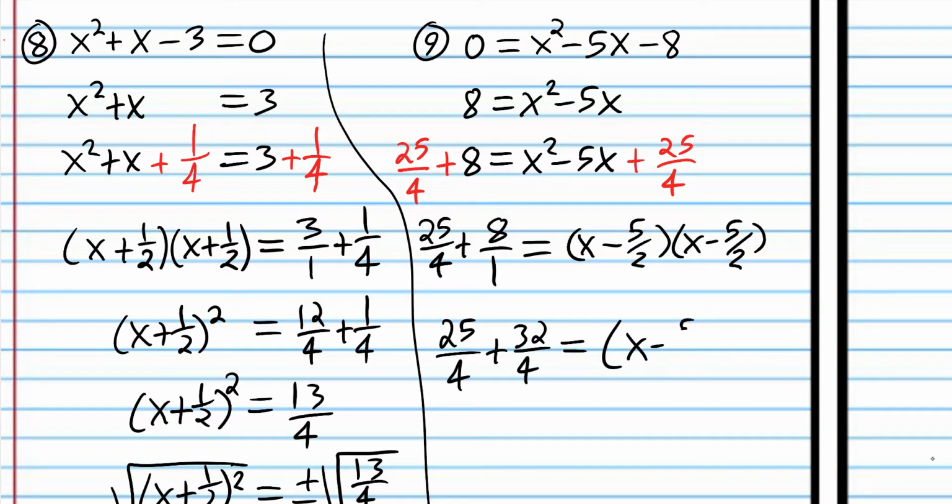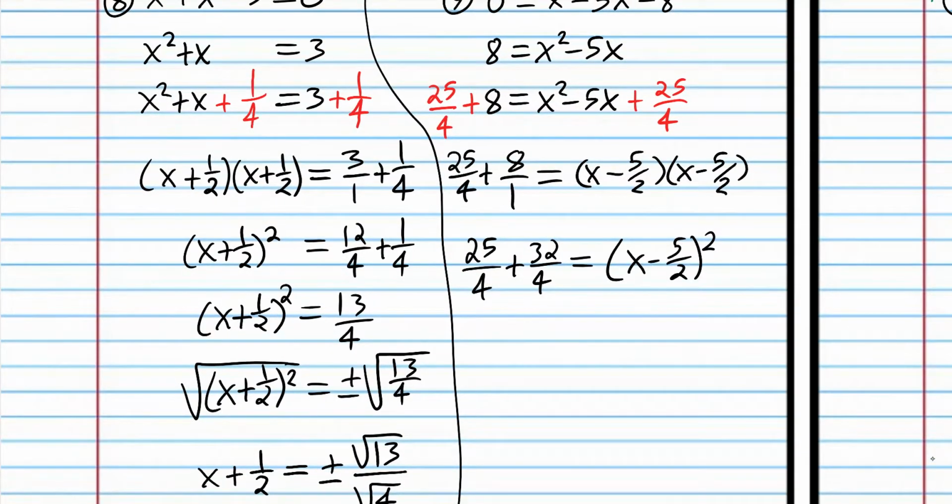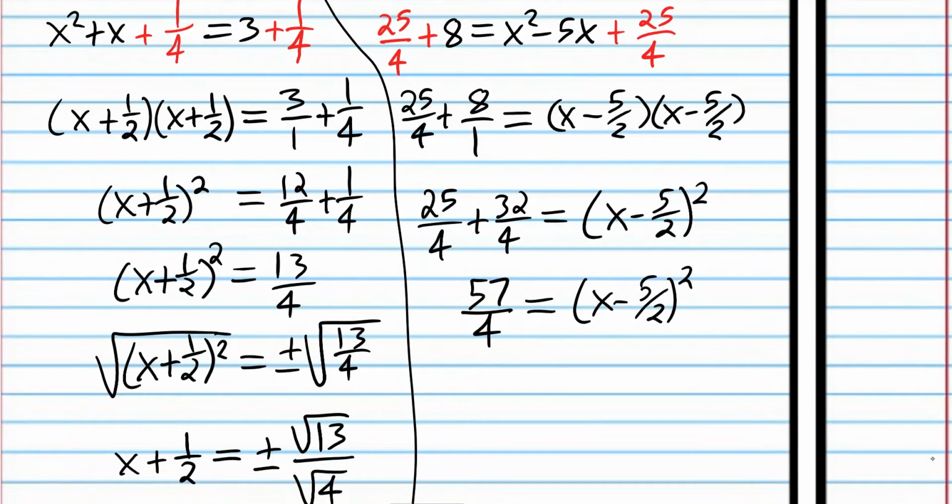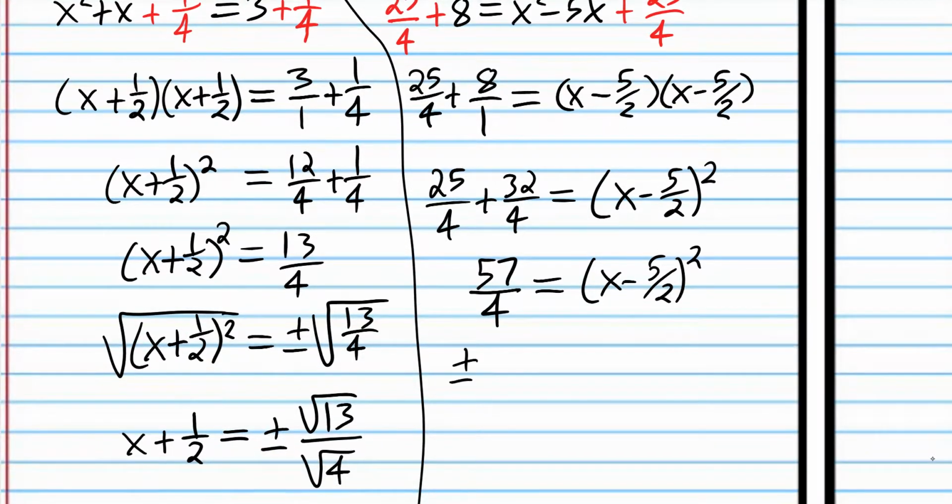We can write this in power notation as usual. 32 plus 25 is 57. And then we're going to square root both sides.